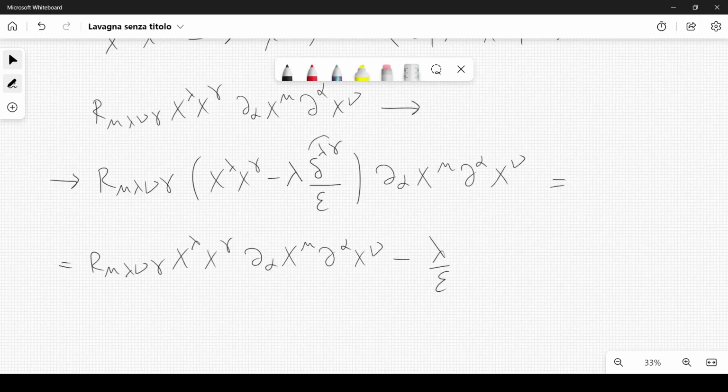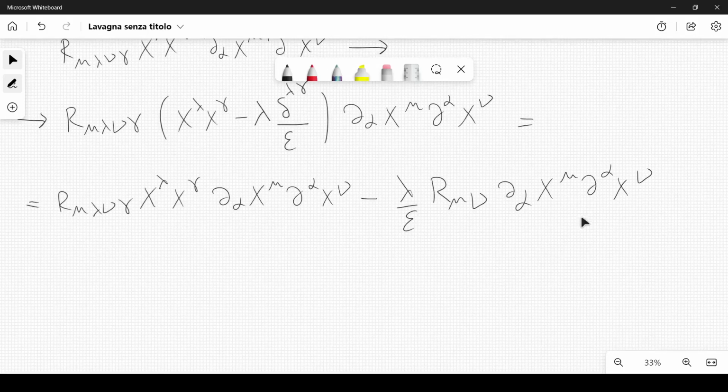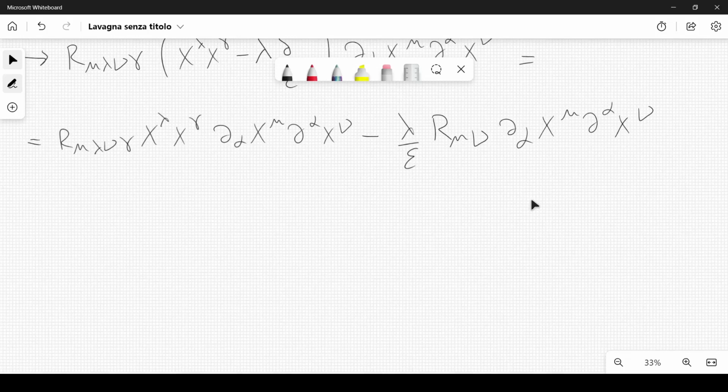And then when we multiply this delta lambda gamma with the Riemann tensor, we sum over lambda and over gamma, we get the Ricci tensor r mu nu d alpha x mu d alpha x nu, like this. So basically, with this renormalization, the metric g mu nu will change to g mu nu minus a constant called lambda prime over epsilon r mu nu, where lambda prime is simply equal to lambda times beta.